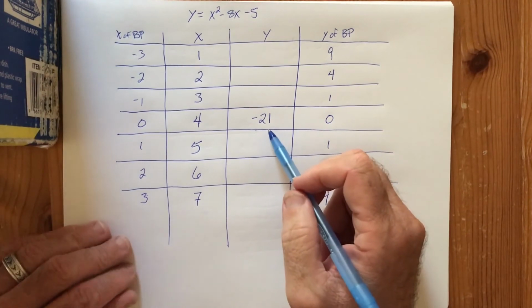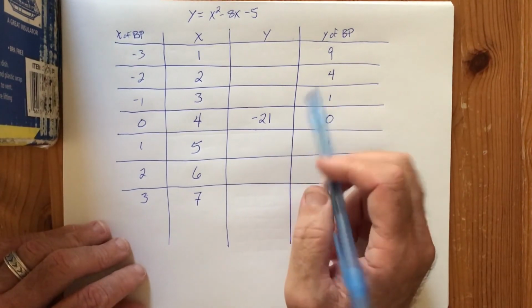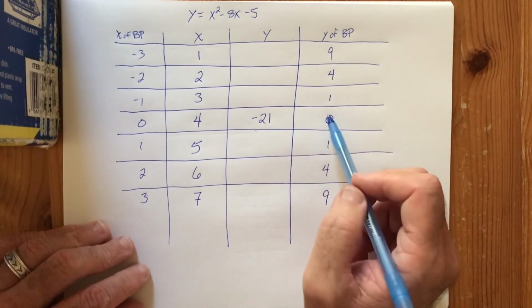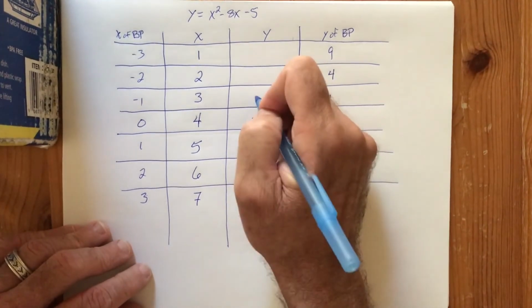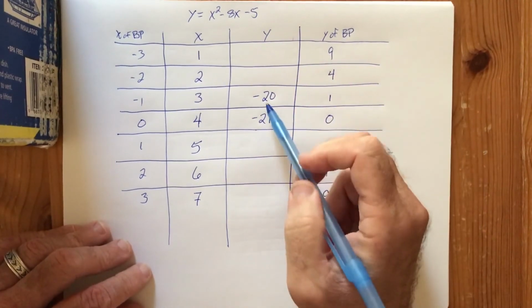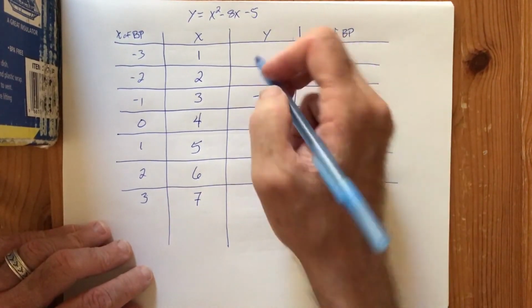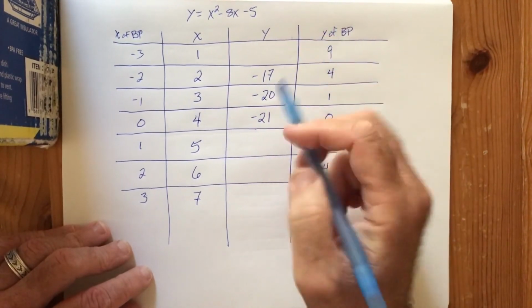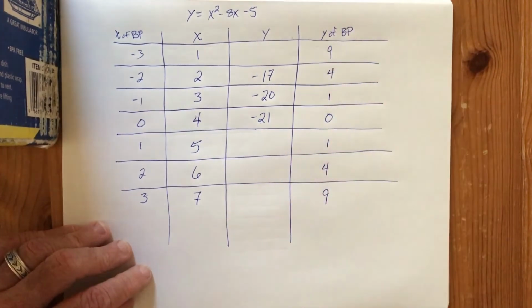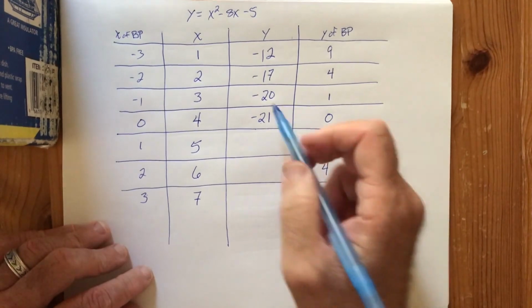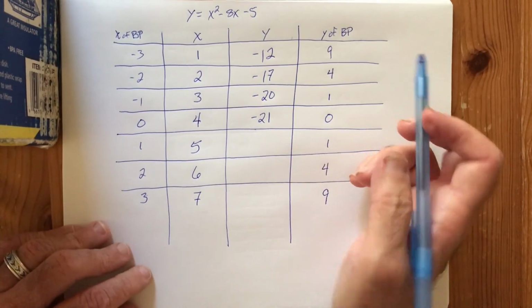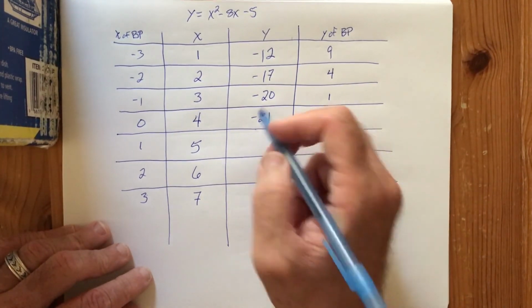And then we're going to do something very similar for the y-coordinates. From here we go negative 21 plus 1 is negative 20. Negative 21 plus 4 is negative 17. And negative 21 plus 9 is negative 12. And then we'll get those same three values going the other way.